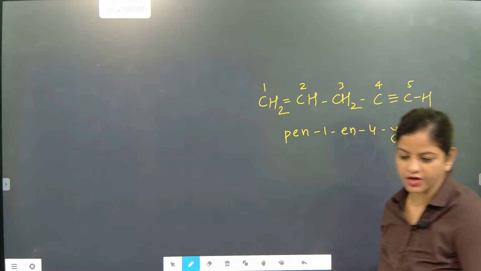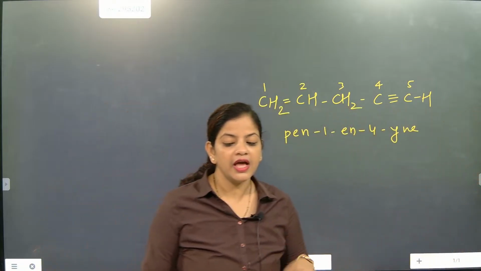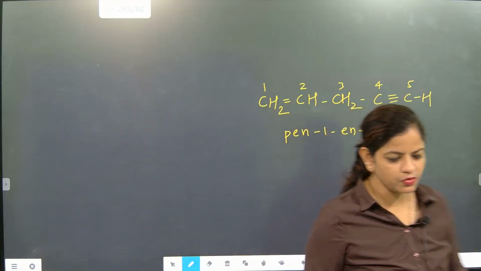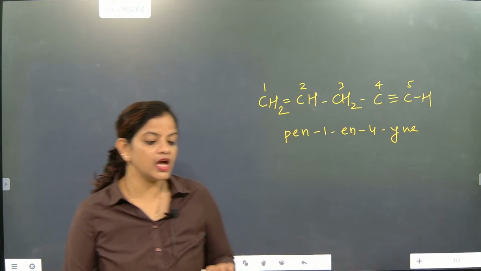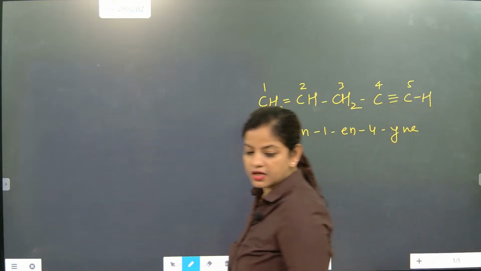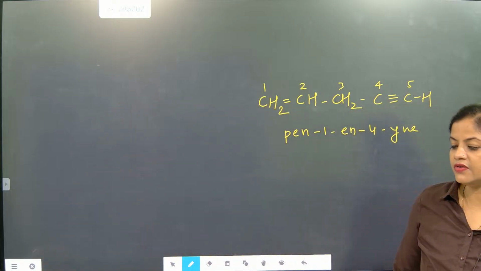That is most important. In the ene, the last part, the e, has to be removed and yne will be added. That's the way of nomenclature. So pent-1-en-4-yne is exactly the way to write.